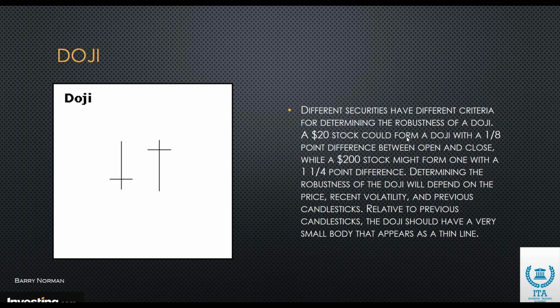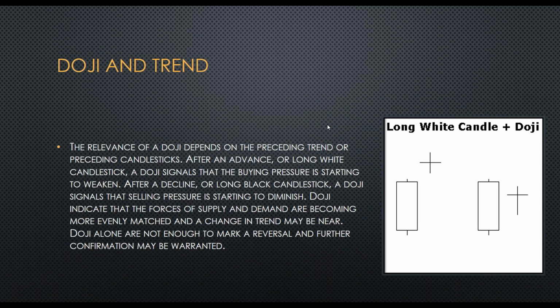Now you have dojis with all types of shadows. It's important to look at where a doji appears in connection with the previous trend, and they are trying to tell you something.